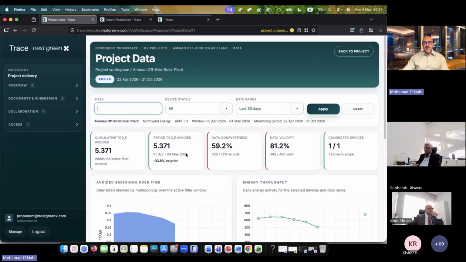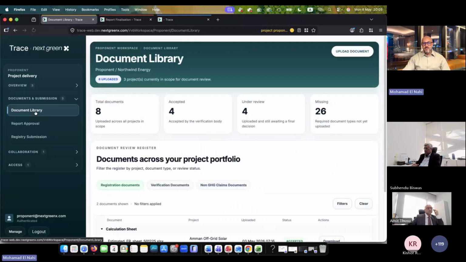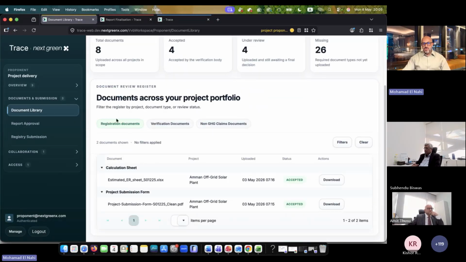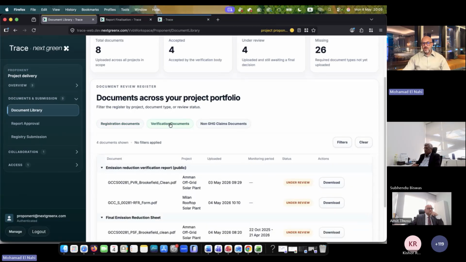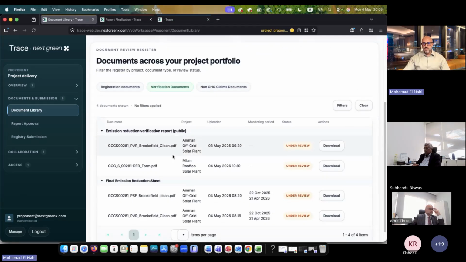And the relationship between the project proponent and the VVB, when the verification is kickstarted, happens on the platform itself. The projects, of course, all have the registration documents in one place, and the verification documents required to be kickstarted in one place.